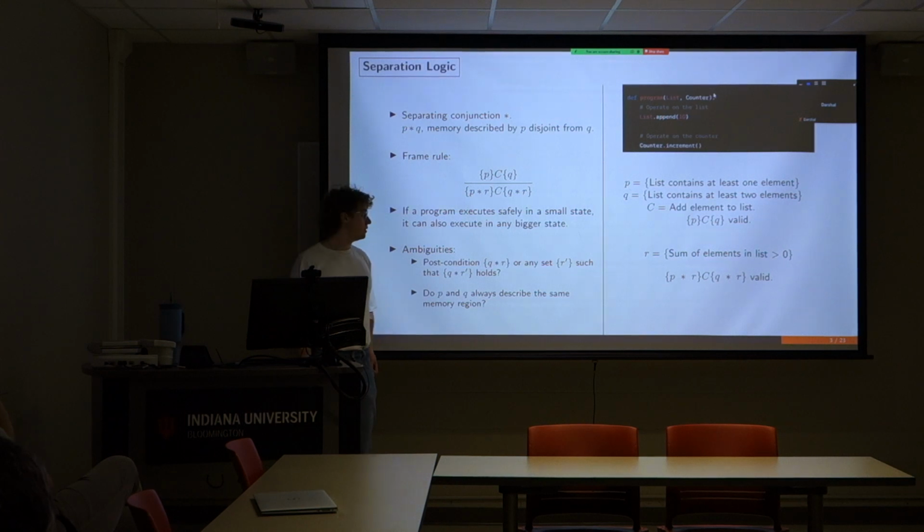And also, if you have assertions P describing a part of the memory, maybe the program C modifies the variables that are described by the assertion P in some way that it then points to a different part of the memory. So the postcondition now describes a different part of the memory than it is described by the precondition. Or should they just not be allowed?